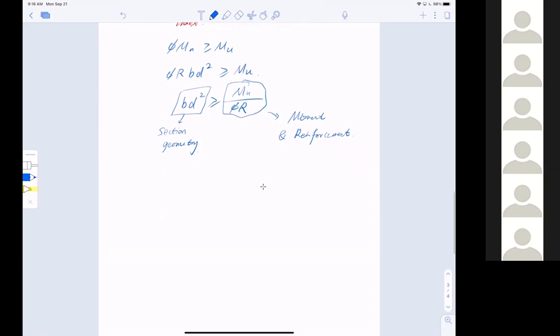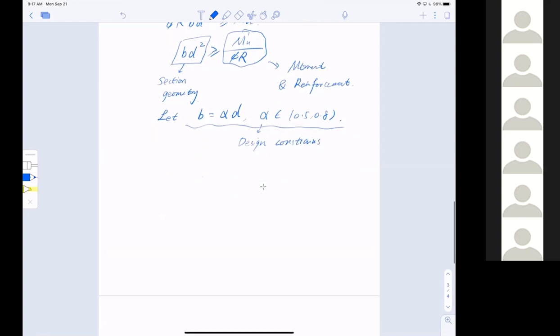So if I let the width B equal a ratio alpha multiplied by the depth D, and I constrain alpha to be a number between 0.5 and 0.8, these are just design constraints, meaning limitations from the real scenario.